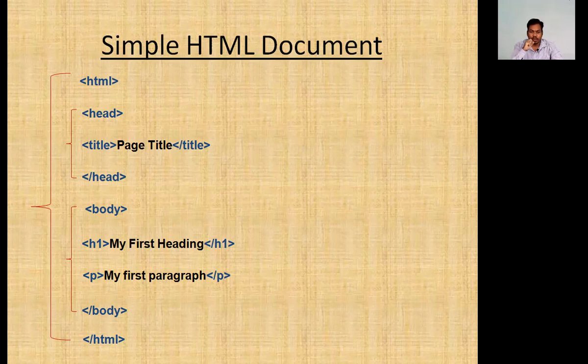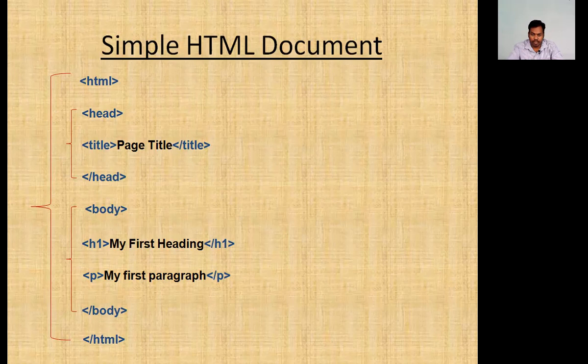Okay. Now, between this HTML start and HTML close, this red curly brace is to show you properly. Here you can see under the starting HTML and close HTML tag, head is there, right? Head opened and head closed.